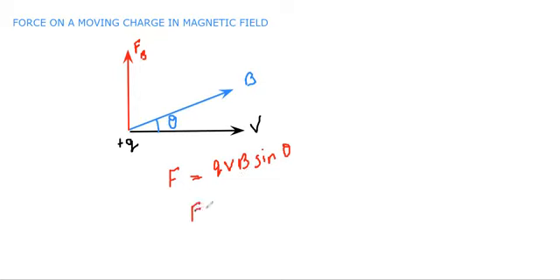Or you can write this as Q V cross B. You can remove sine theta and use the cross product. So this is the magnetic force which acts on a moving charge in a magnetic field.